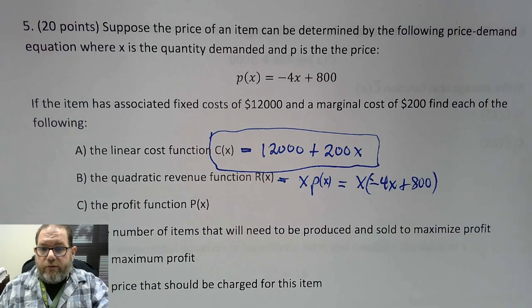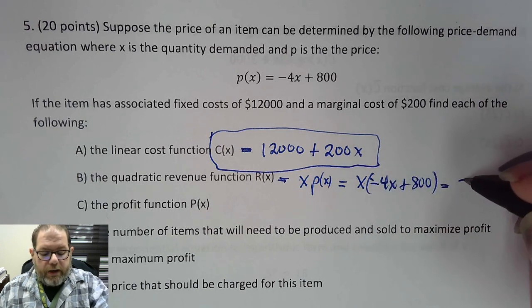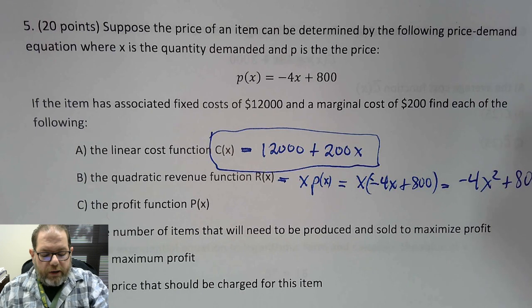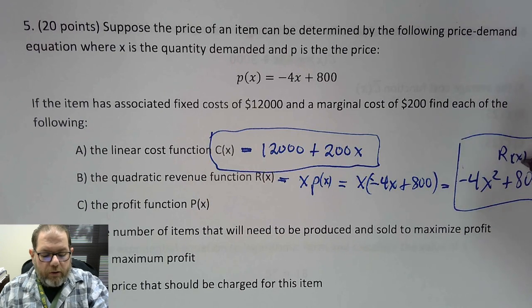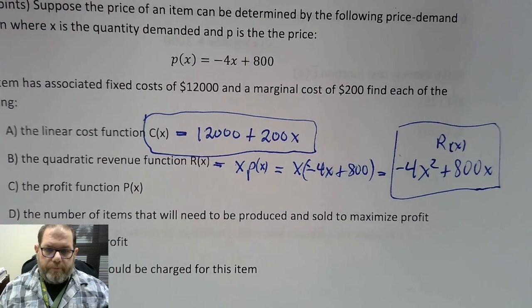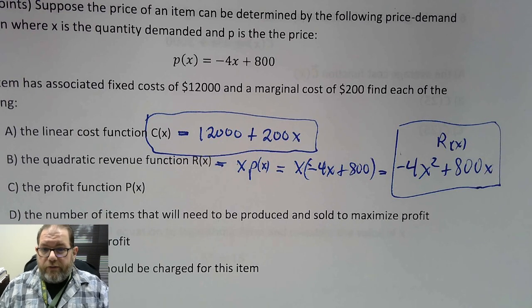And then we just have to distribute the x here, so it's negative 4x squared plus 800x. And so that's R of x. Okay. So we found cost and revenue, C of x and R of x.